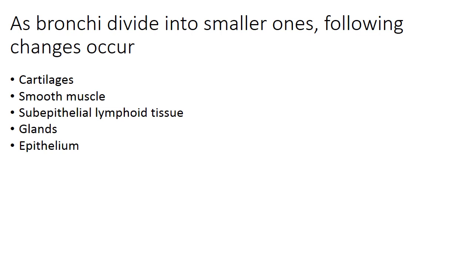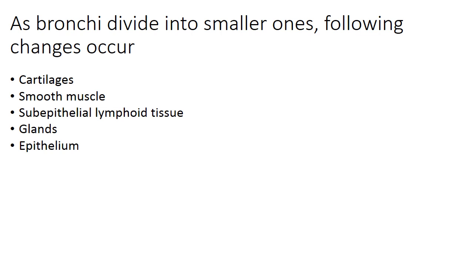Then the lining epithelium. As the bronchi become smaller and smaller, the height of the epithelium goes on decreasing. So first, the larger ones, for example, the intrapulmonary bronchus, are lined by pseudostratified ciliated columnar epithelium.